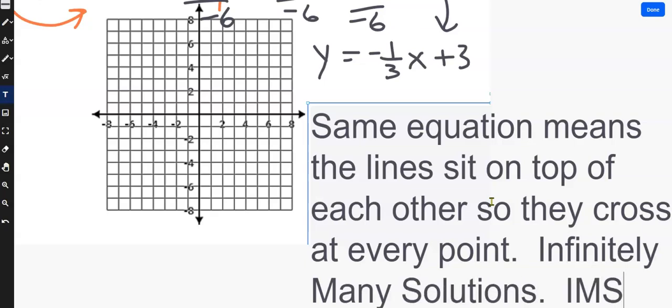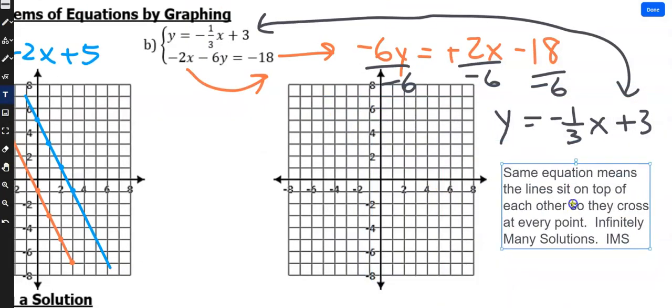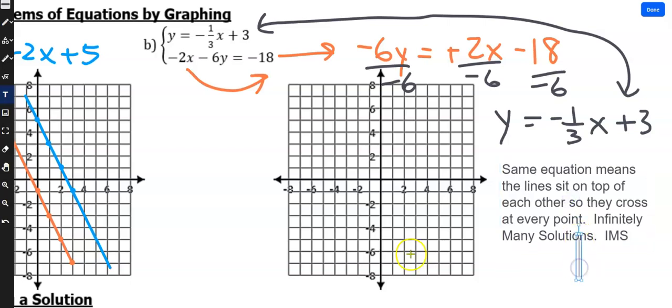And we can abbreviate that IMS. Now, if you want to get all cool and use the infinity symbol, I would be okay with that. Looks like a sideways 8. Hold on a second.